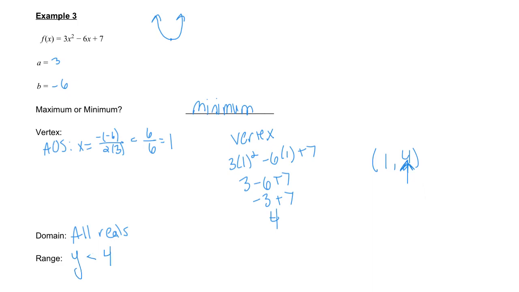Holy cow, I'm making all the mistakes today. So if we look at my little baby graph up here, if y is 4 here, then all the other values of y are greater than 4. So that means our range is y is greater than or equal to 4.